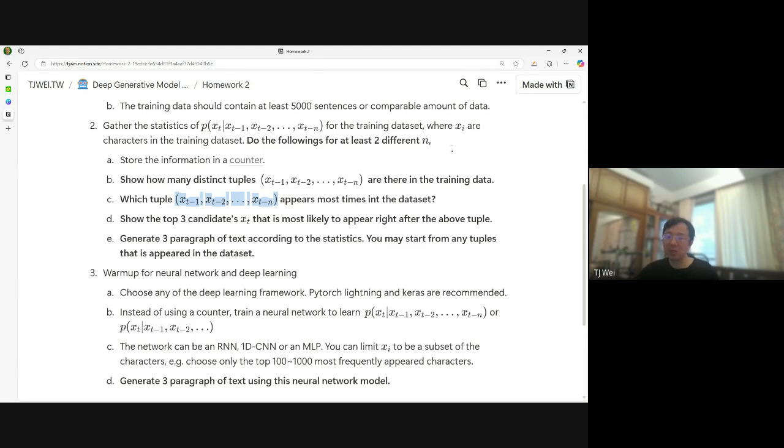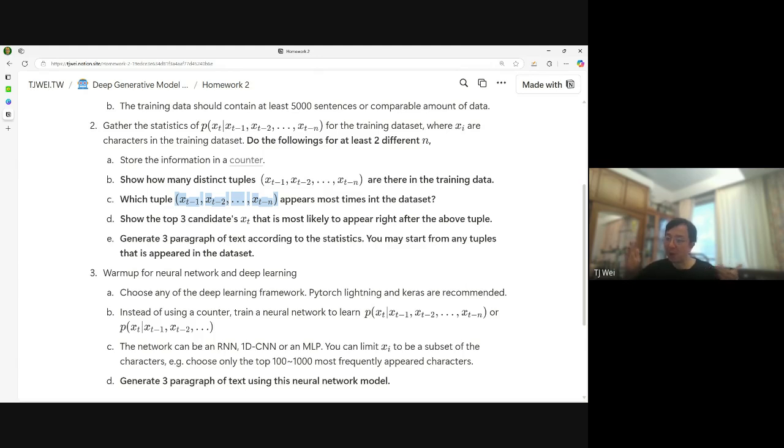So if you are really interested in the data and try to get a feeling, you probably will want to try more N, like a lot of different N. You don't have to show all the work. I mean, if you try like 10 different N, you don't have to show everything, because there will be a lot of different paragraphs. For me, I tried this for several hours to investigate the different kinds of text to get familiar with the properties of this text, so that I can get a feeling of what the data can do, what information is contained in this data.